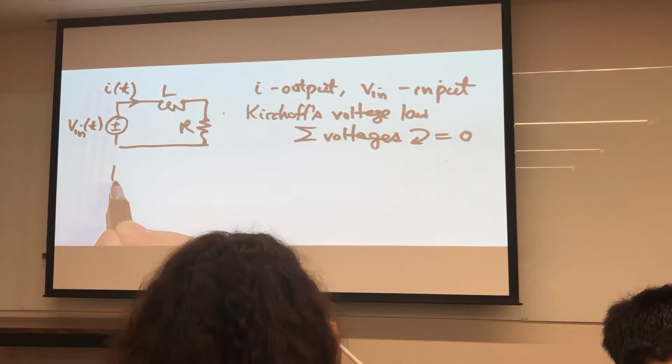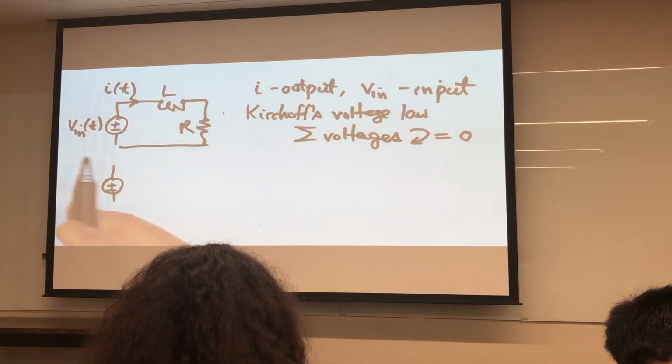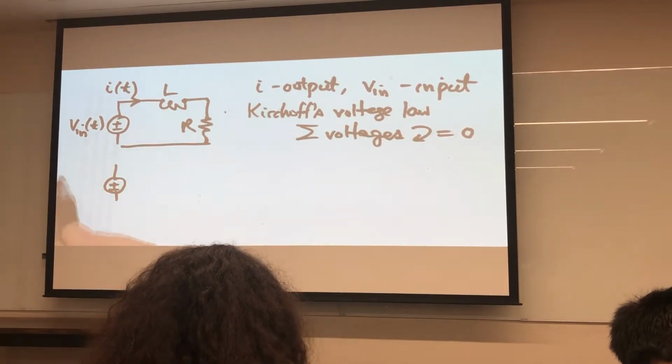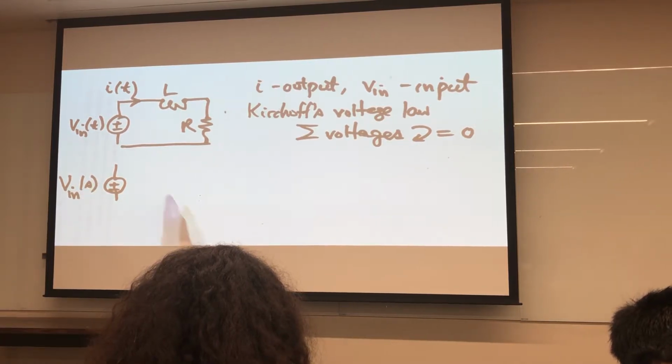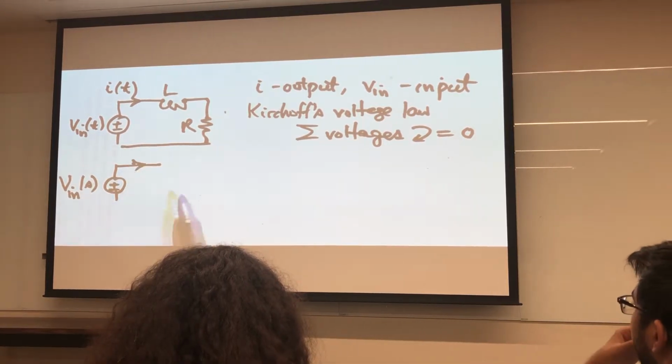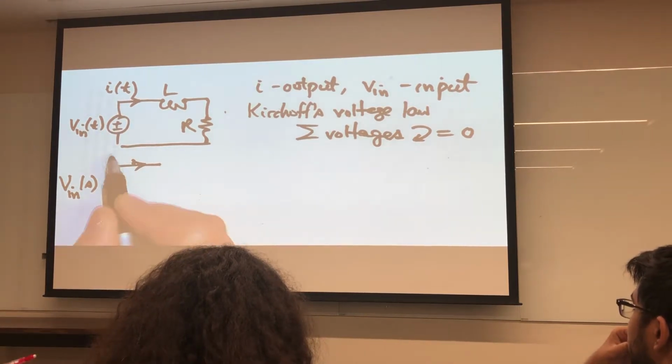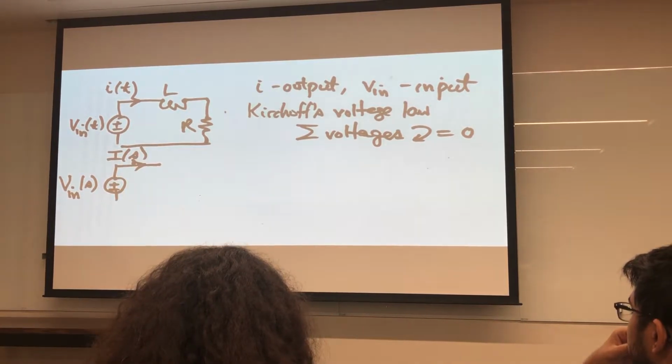So I'm going to redraw this, and rather than calling this Vin of t, I'm going to call it capital Vin of s. And then I have this current here. Rather than calling it i of t, I'm going to call it capital I of s.